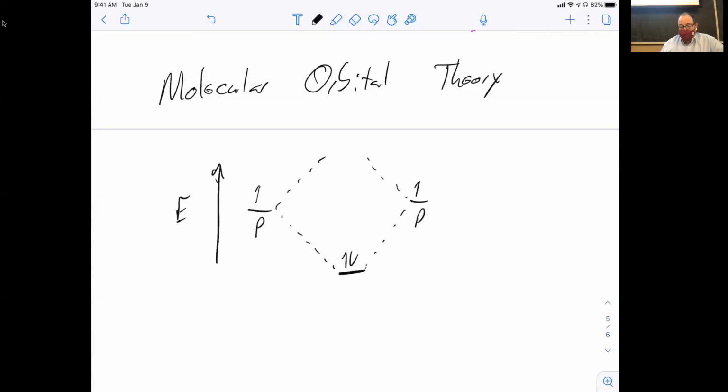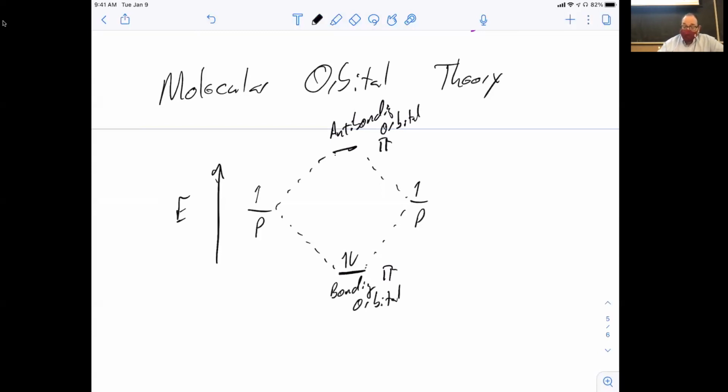that has electrons in it, right? And I'm going to create an anti-bonding orbital. This one we're going to know as pi, that's a pi bond, a pi orbital.